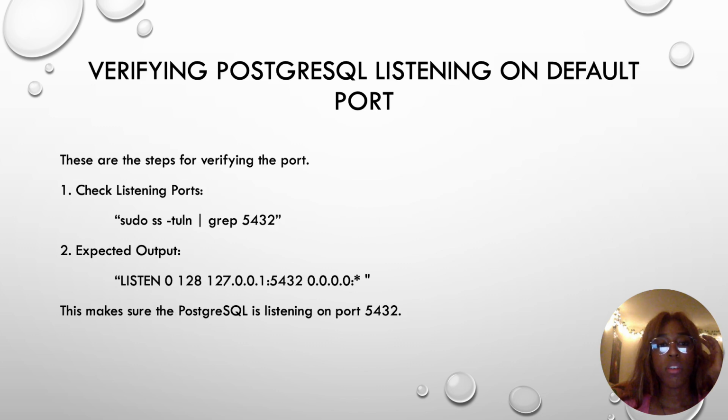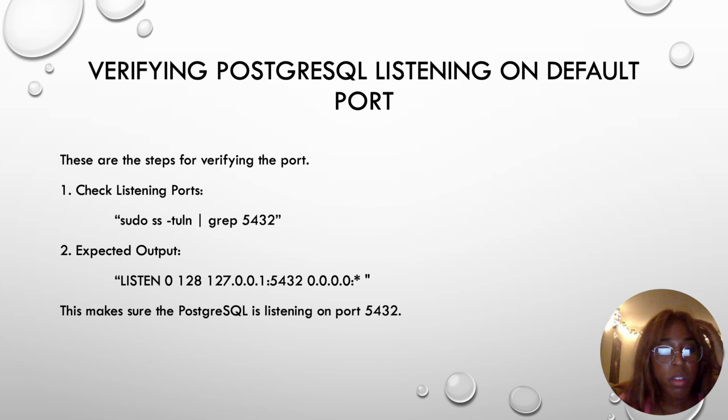And you can verify that it is listening on the default port by going back to your terminal and saying sudo ss -tuln | grep 5432, and then you should have an expected output of such.